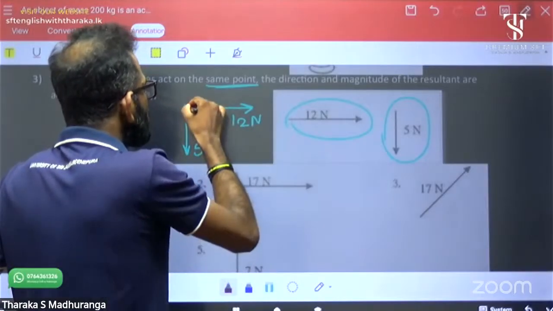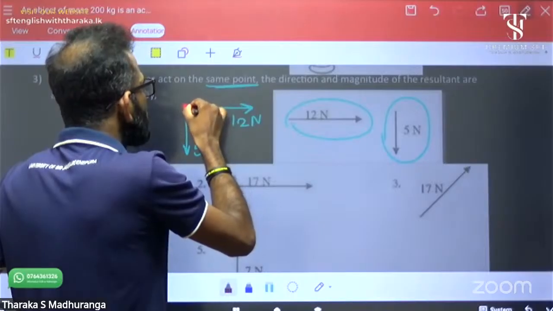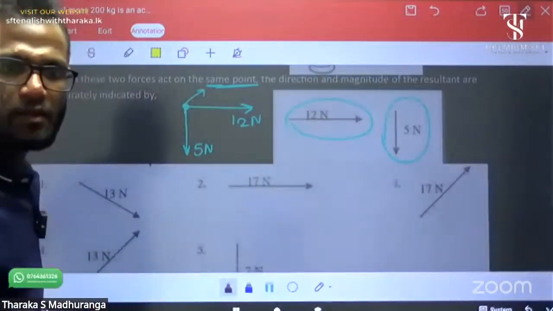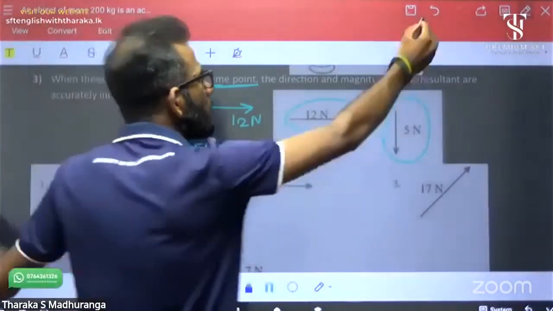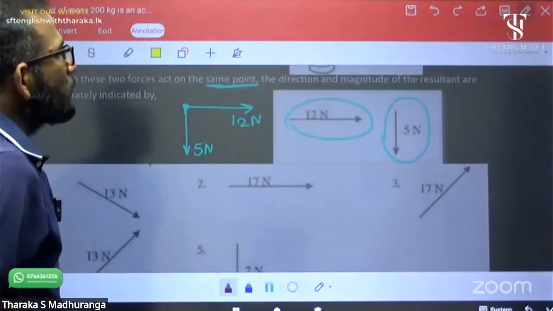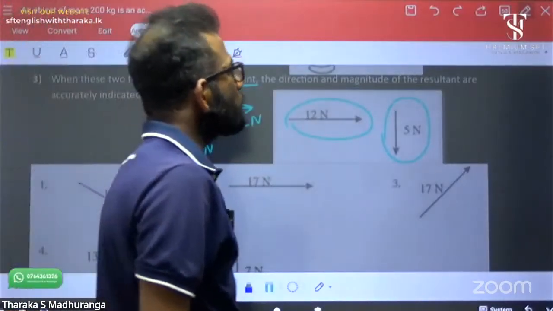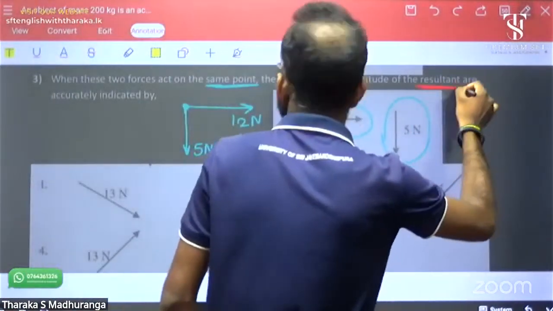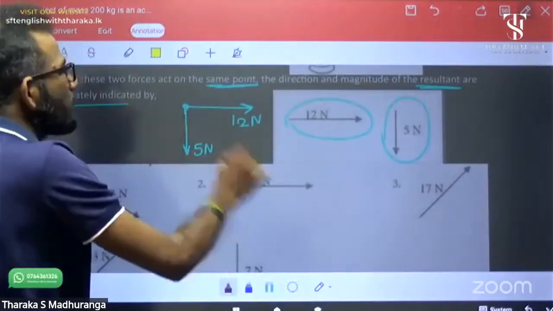The acting points of both forces are the same point. Okay. Now, the question is asking the direction and magnitude of the result force.